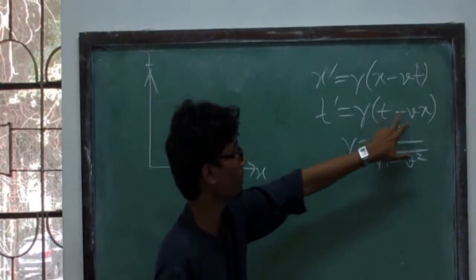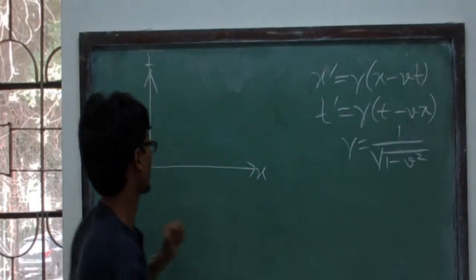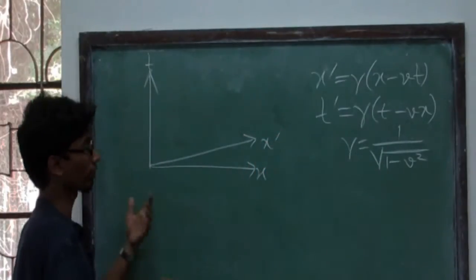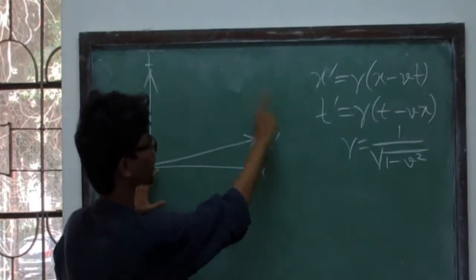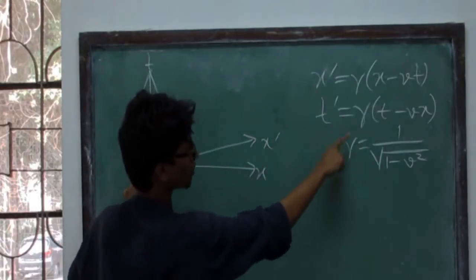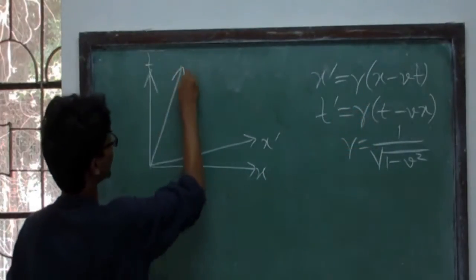That would make t minus vx equal 0, which is going to give us this line. I want you to work this out yourself. I won't be writing every little mathematical detail out here. And to find out the t prime axis, we'll make x prime equal 0, which gives us x minus vt equals 0, which gives us this line.